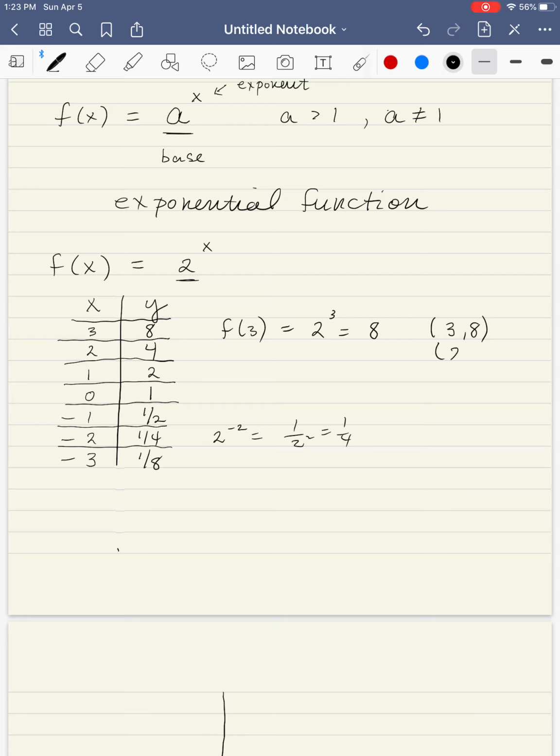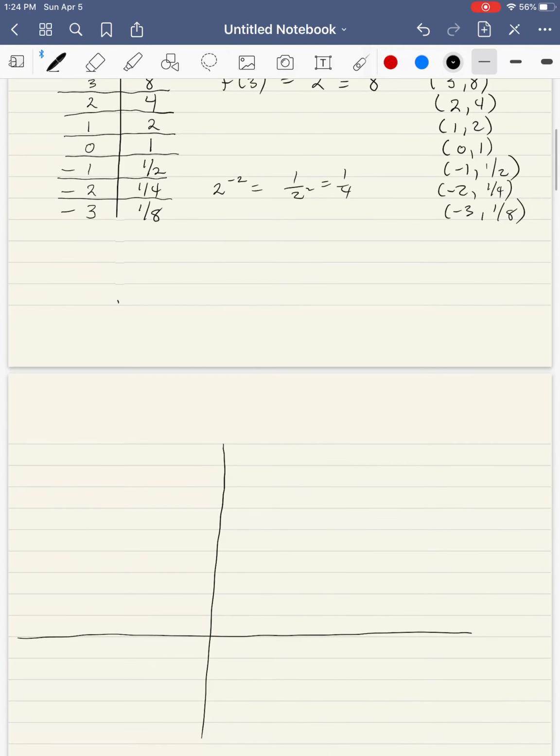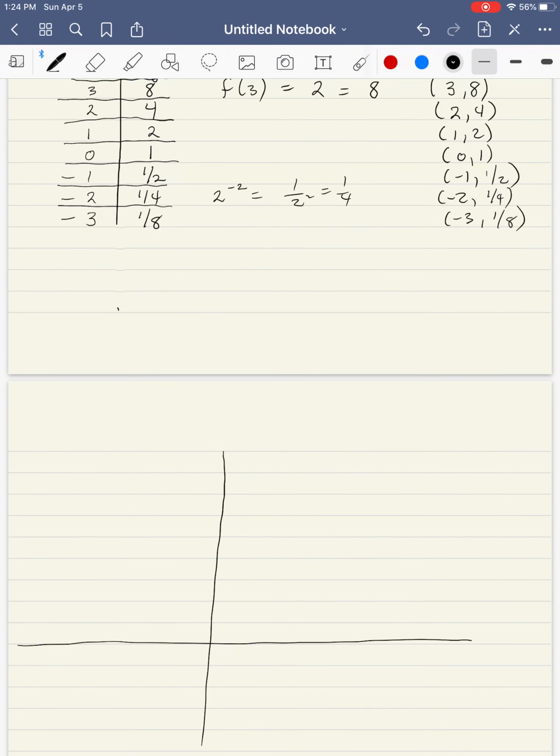So we have the ordered pairs (3, 8), (2, 4), (1, 2), (0, 1), (-1, 1/2), (-2, 1/4), and (-3, 1/8). And I plot each of those on my coordinate system.